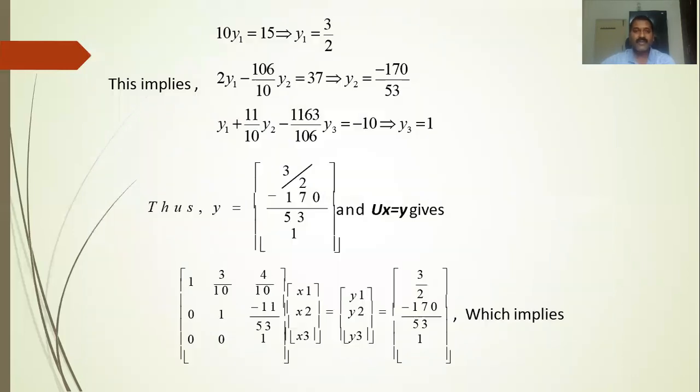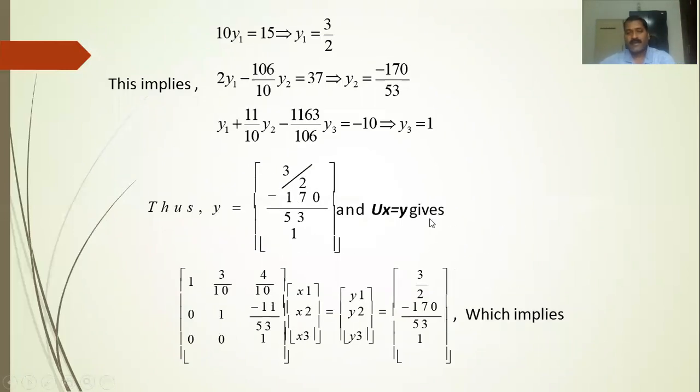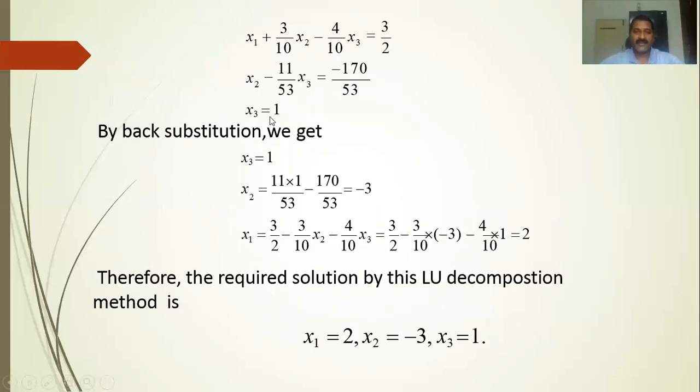Then it becomes UX equal to Y. Then you solve the system. Then by backward substitution, that will yield X3 equal to 1, X2 equal to this, X1 equal to this. That's a simple thing. So finally, the required solution is 2, minus 3 and 1.